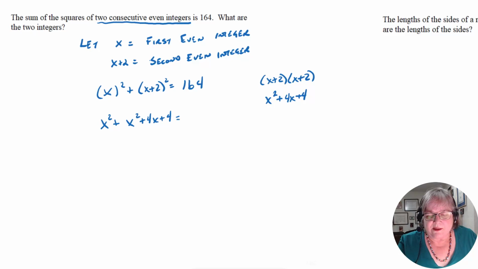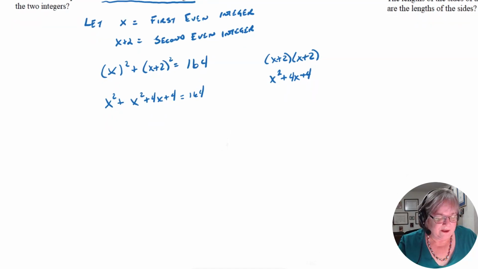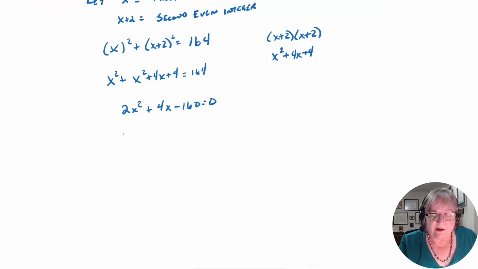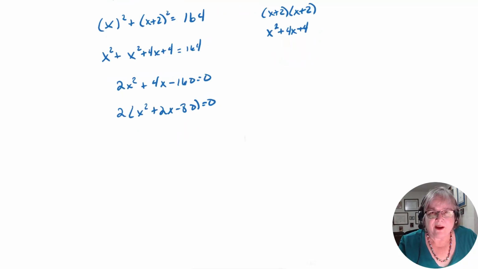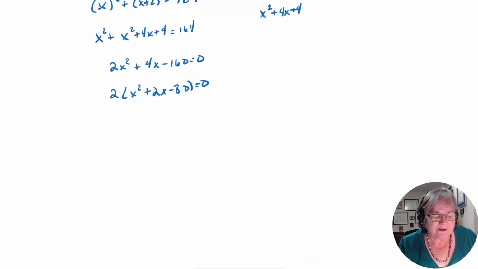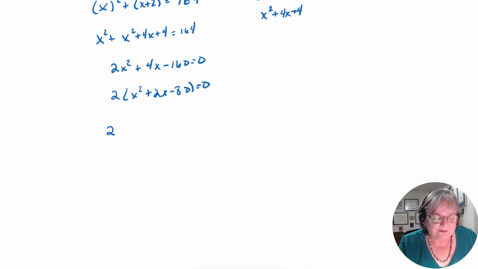So this is equal to 164. Now let's try to get it equal to 0. So I have 2x squared plus 4x, let's see, minus 160 is 0. So I can factor out a 2 and make it a little easier. And I like factoring better than I like that x equals negative b plus or minus the square root of b squared minus 4ac all over 2a. So I'm just going to keep factoring. So I have my 2.